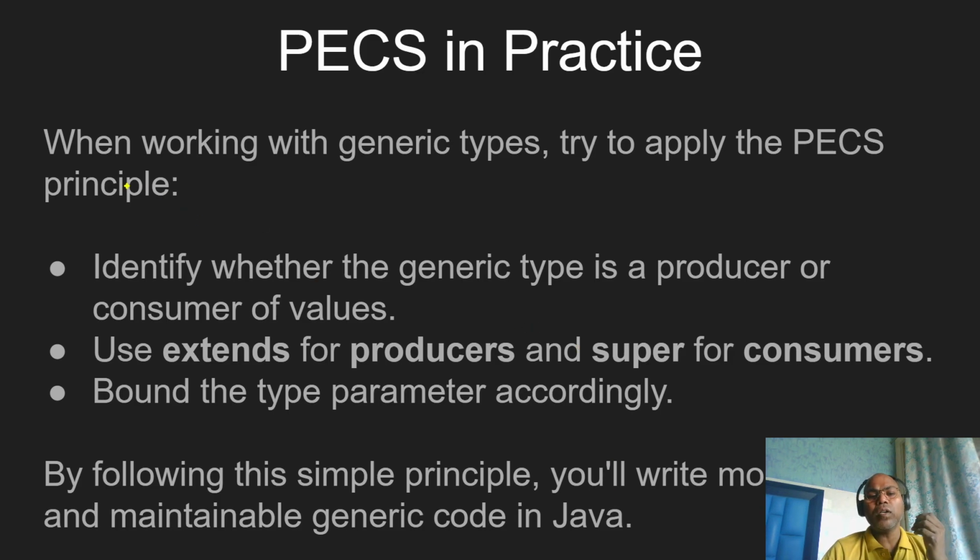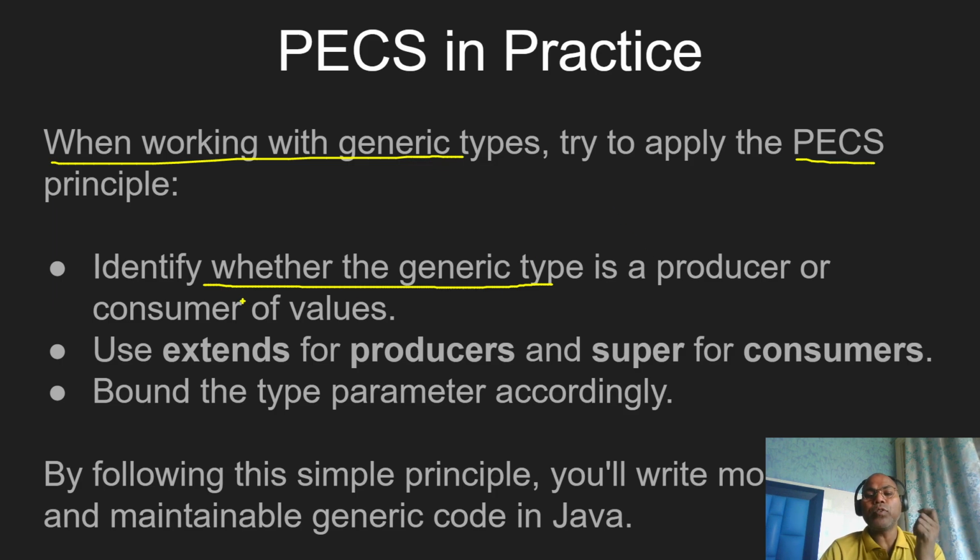So whenever you are working with generics and try to apply this principle, PECS, what are the steps? First, whatever the class or generic types you are going to use, identify whether the generic types are producers or consumers of value.